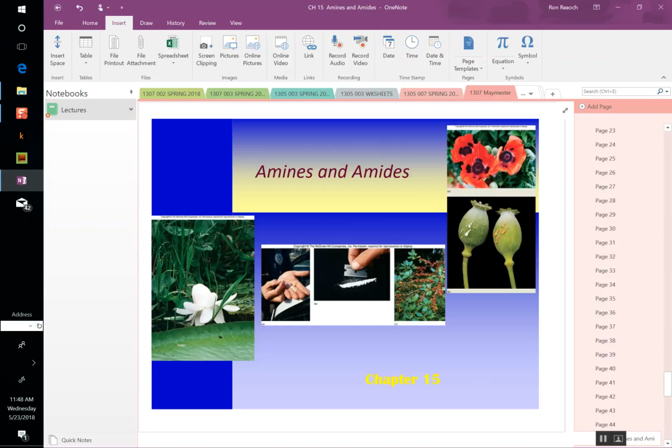They're both accepted by IUPAC. And then there's a common or simpler naming of simple amines. So because of the variety of ways that you can name amines, it gets a little bit challenging to figure out what's the name of this amine. Okay, so that's what we'll do.